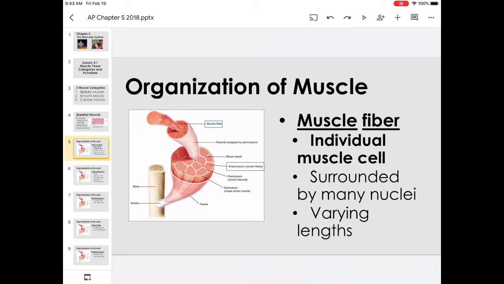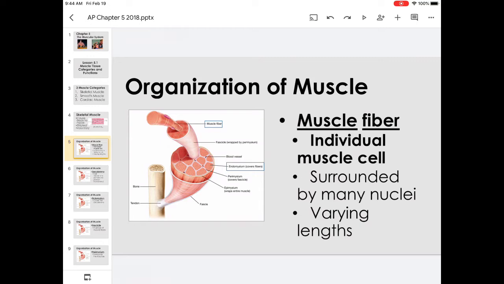So now let's get into the organization of muscles. If you look at this diagram, there's also one in your book that I would suggest opening to. There's something called a muscle fiber. Now, your muscle fiber kind of looks like a piece of thread, and the amount of muscle fiber that each person has is actually genetically determined, and it won't change unless you have some kind of injury that might take away from your body.